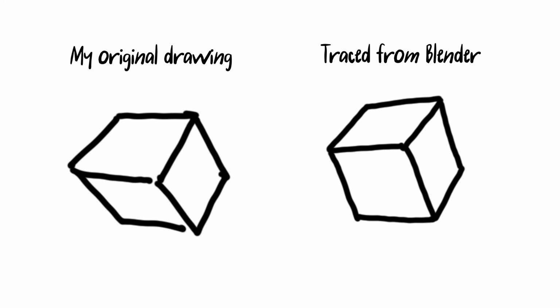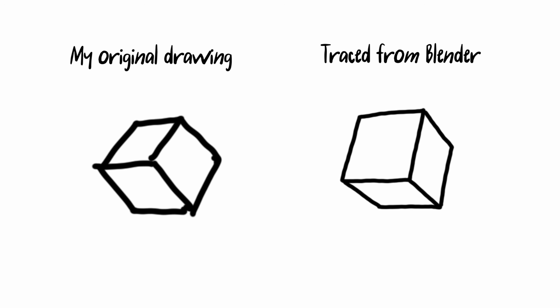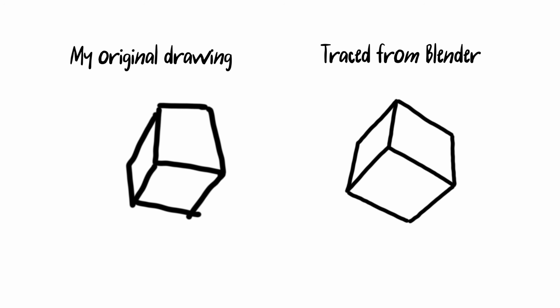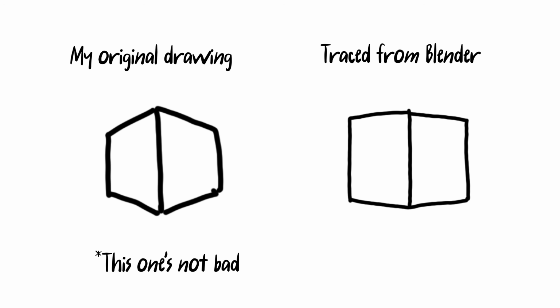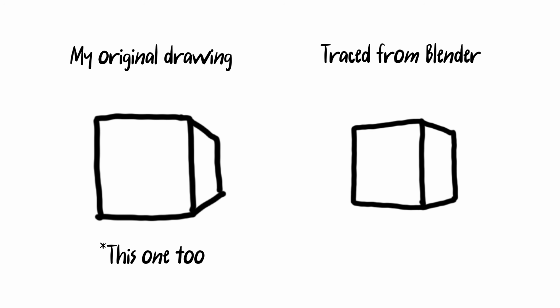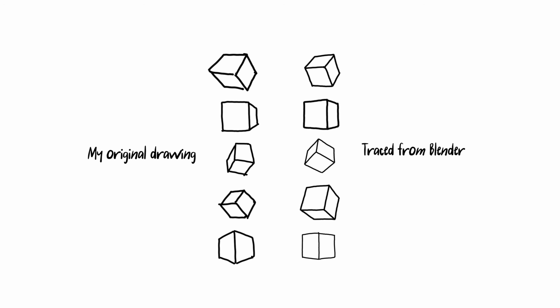Now you'll see that my drawings are a bit flat compared to the ones done in Blender. That's because I made a lot of mistakes in terms of perspective, in terms of vanishing points, etc. So you can actually use Blender as a guide or as a reference to see if you have made any mistake.